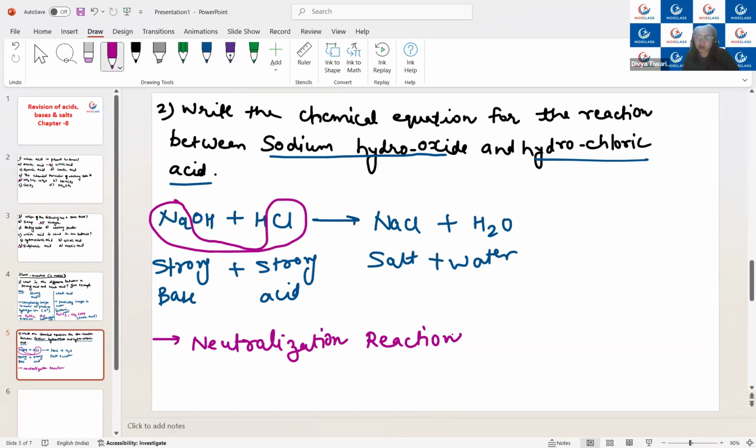If the question will be what is neutralization reaction, explain with one example, then you will say that if acids and the base react with each other, then the type of the reaction we call neutralization reaction, and the above example which we have taken here you can write in your answer. So this is how your 2 marks will be given in the exam paper.